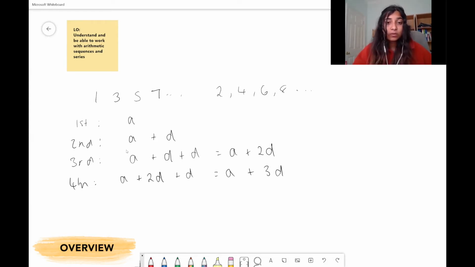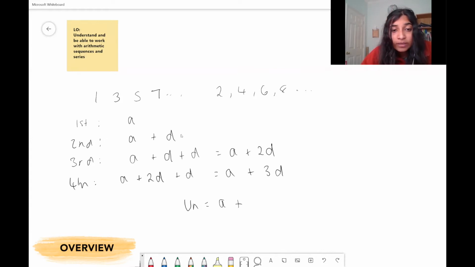Now if we were to simplify this in order to work out the nth term of the sequence, we know that for each term as we continue, it would be A plus 4D, A plus 5D, A plus 6D. So each nth term of the sequence would have A, and then you want to add something on.